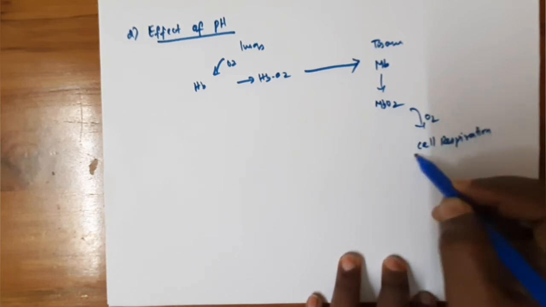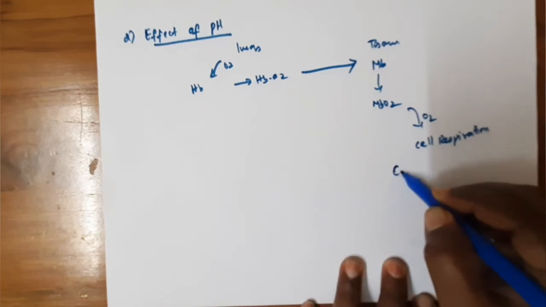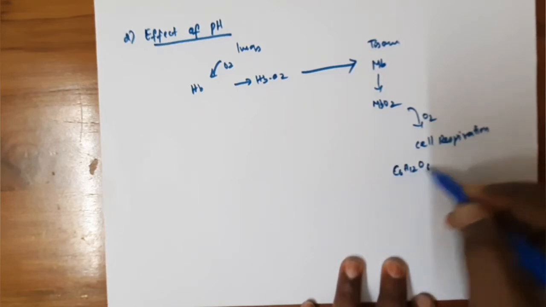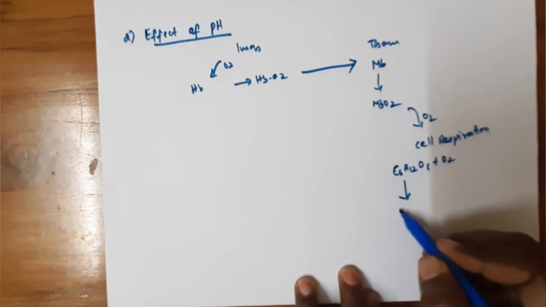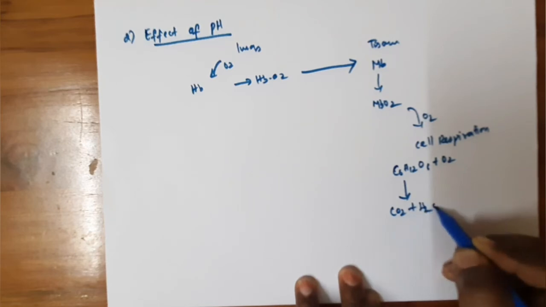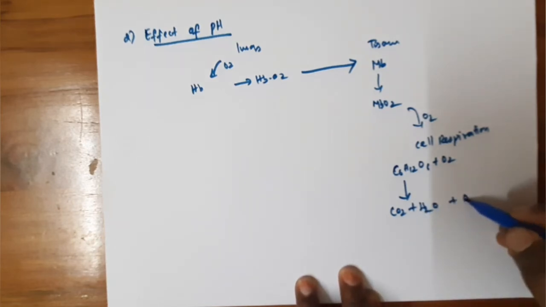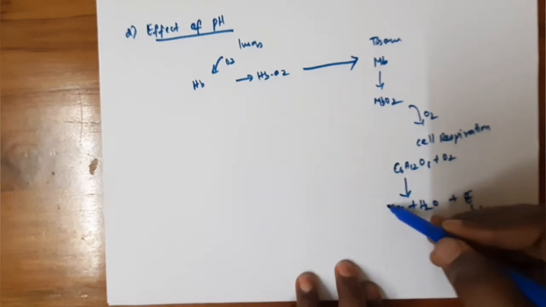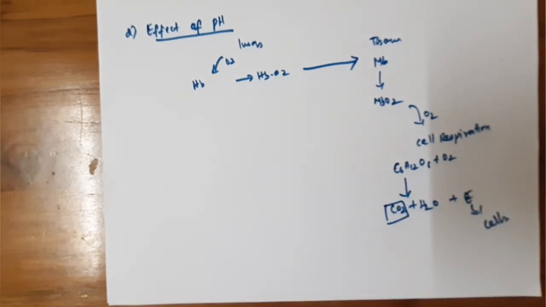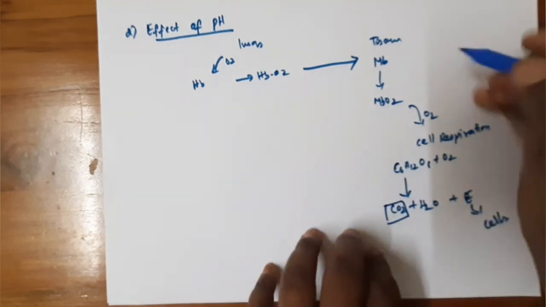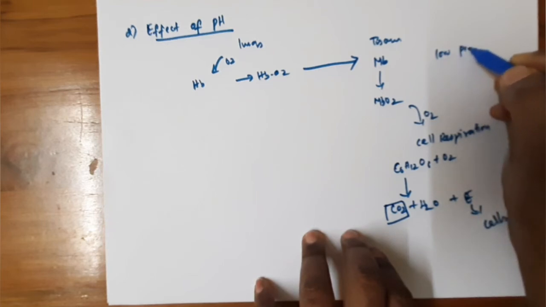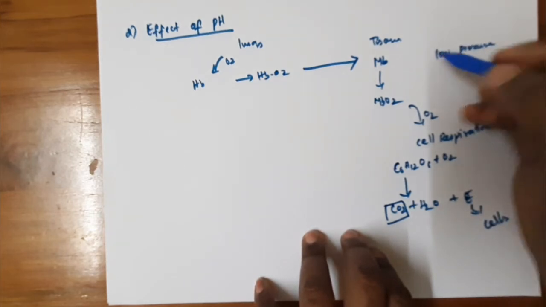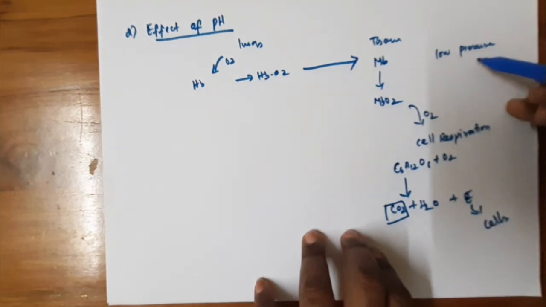Cell respiration is the process of converting glucose to carbon dioxide, water and energy. This energy is taken by the cells. Myoglobin experiences a low partial pressure of dioxygen, so it binds dioxygen at low partial pressure.